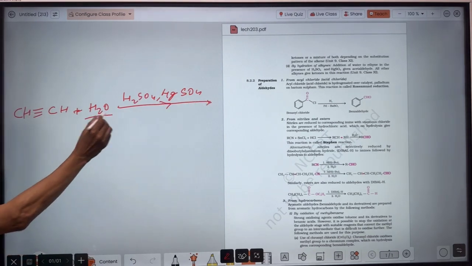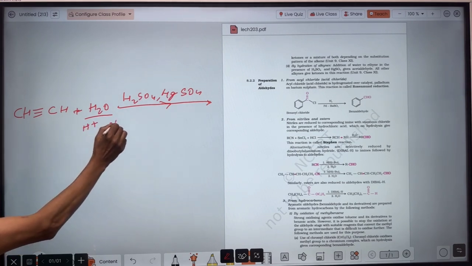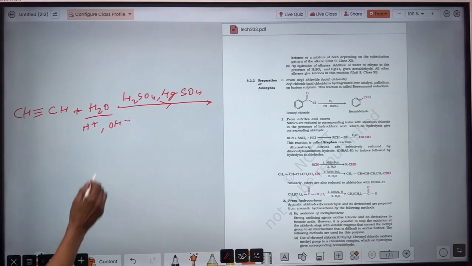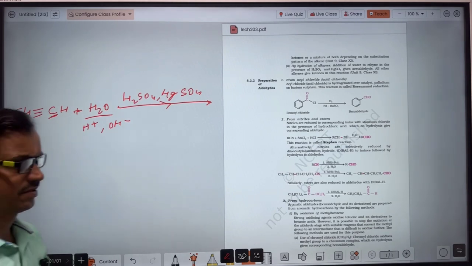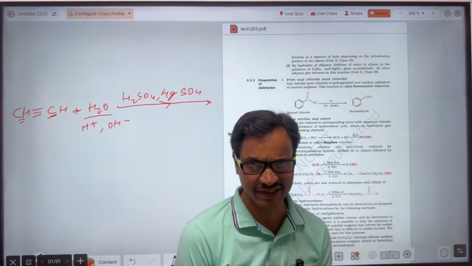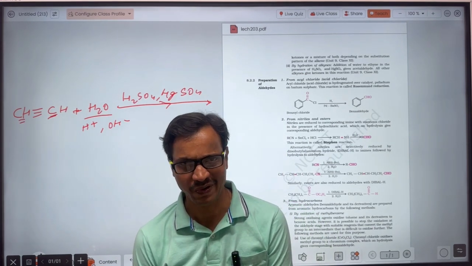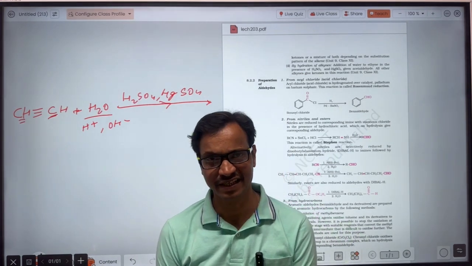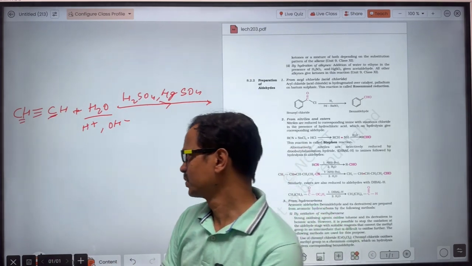What happens to the water? There will be H plus and OH minus. The OH minus ion can go to this carbon atom as well as to this carbon atom, because both carbon atoms contain the same number of hydrogen. So OH minus can bond to any one of the carbon atoms.